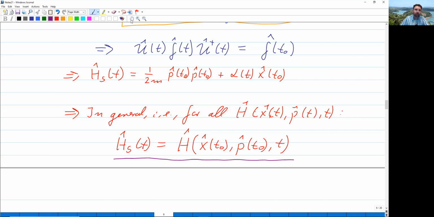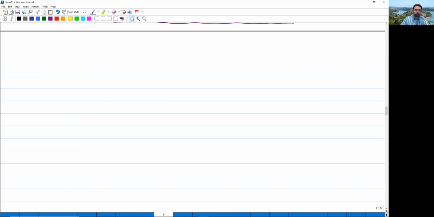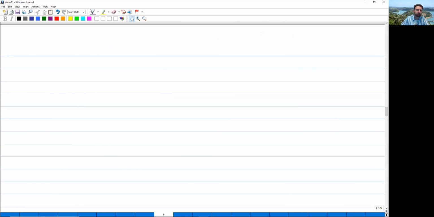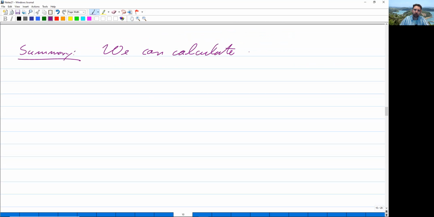So let's summarize where we arrived. Summary. We can calculate all predictions, and by predictions we mean f bar of t, this way.